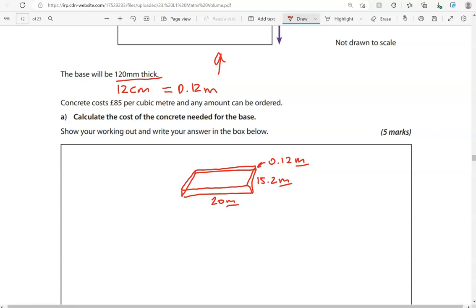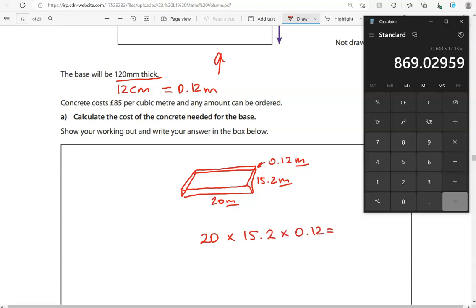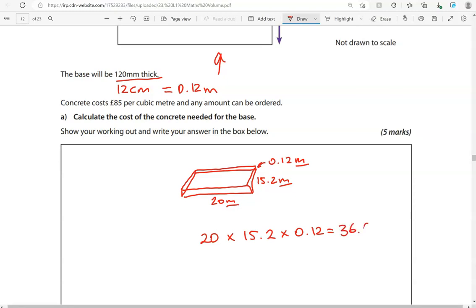So 20 times 15.2 times 0.12 gives us 36.48 cubic meters. The cost is £85 per cubic meter, and any amount can be ordered, so you don't need whole numbers.